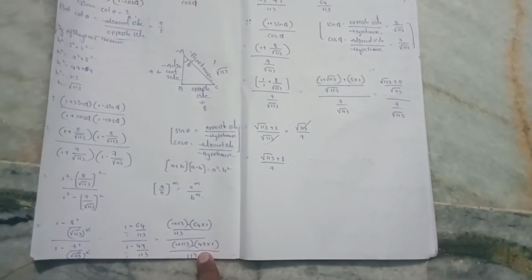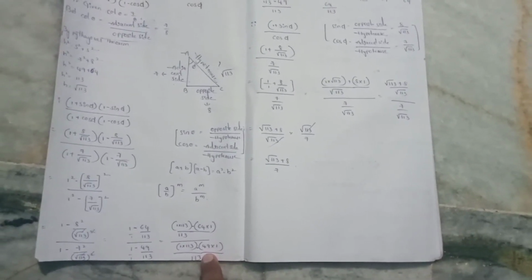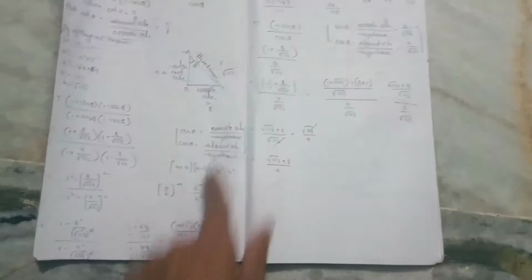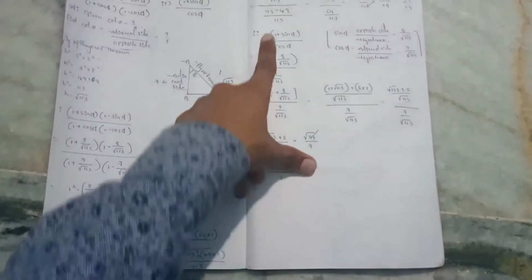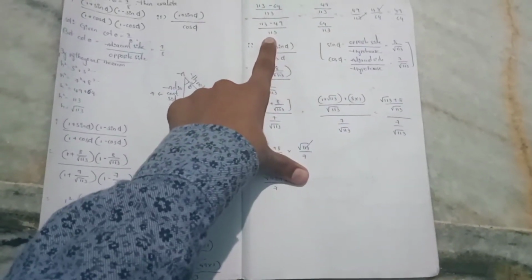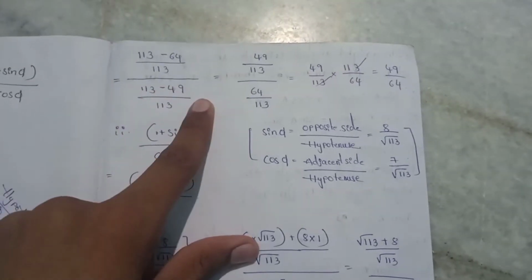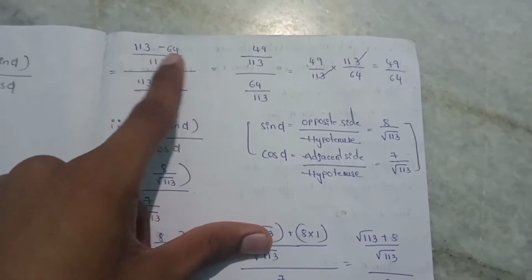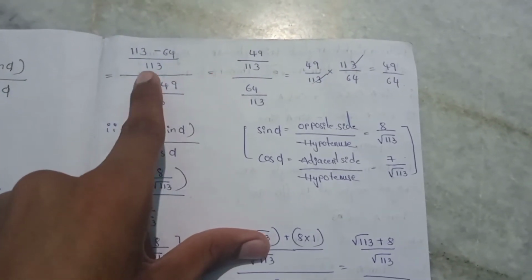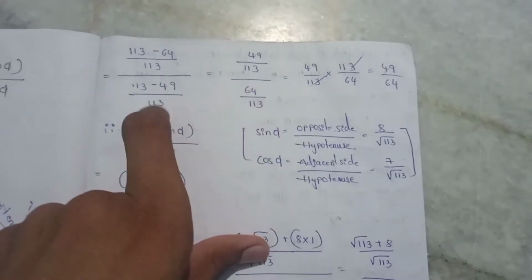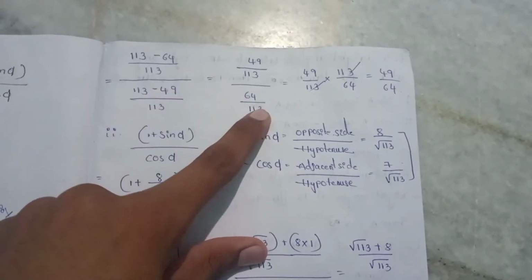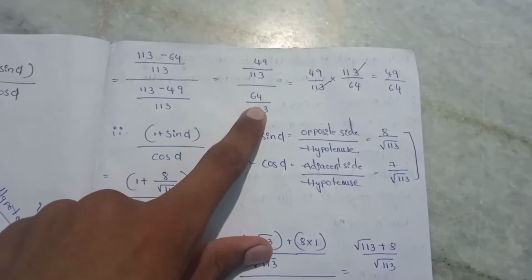49 into 1, 49 by 113 here also. See here, next: 113 minus 64, 49 by 113 by 113 minus 49, 64 by 113.